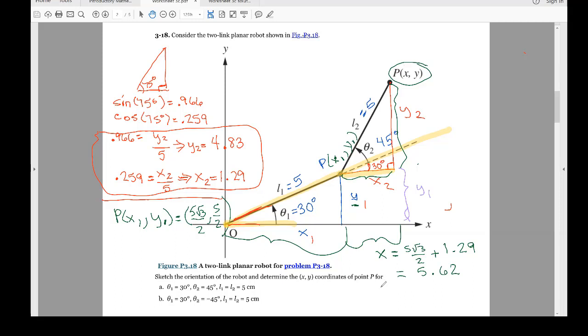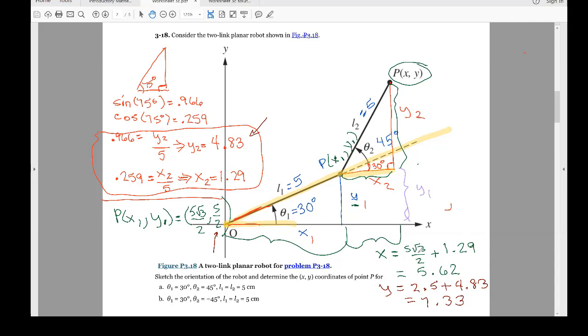So I would have y is going to be equal to my 5/2 here, which I already know is 2.5, so I can just change it because I have decimals, plus this y here, which is 4.83, which means my total is 7.33. Hopefully all these numbers are right because I have them written down from when I did it before.